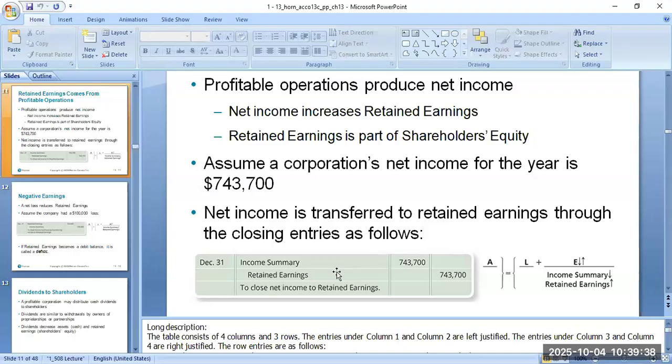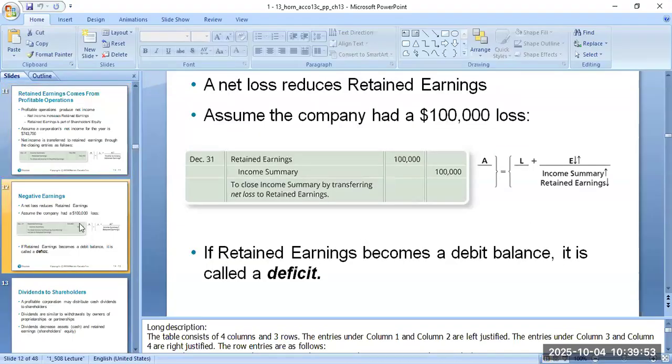Now a positive amount in the income summary account means a credit balance in the income summary. Now what's going to happen if the revenue is less than the expenses? Then the income summary account is going to end up with a debit balance. Then we have to credit the income summary account and debit the retained earnings.